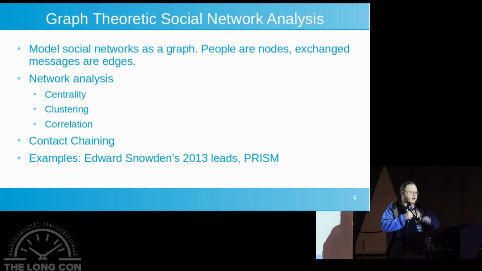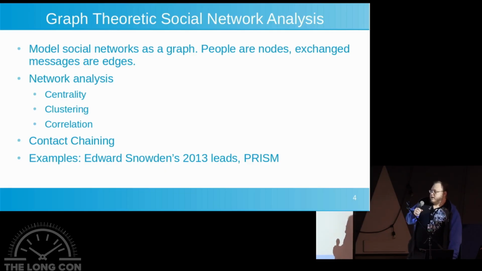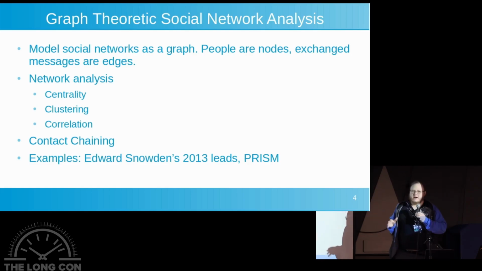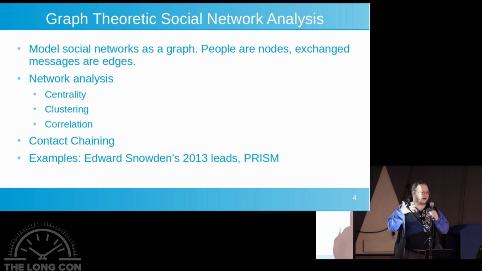But metadata on its own is still very useful. There are a lot of cases of states or corporations gaining access to metadata or other forms of data with the goal of constructing models of networks between people, like having an idea of what communities exist and how they communicate with each other.